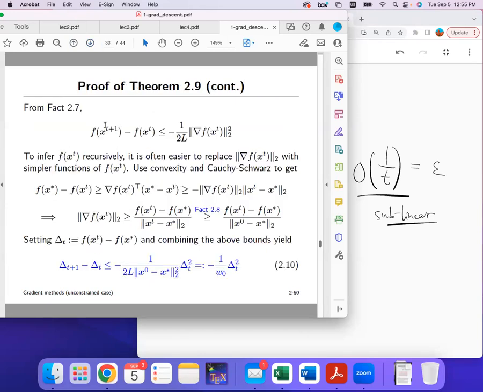So we can start from this step, but we need to further control this gradient term in a certain way. The idea is to control this term using terms based on function values. Then we can have a recursion on both sides, and do that iteratively. So we can show this result.